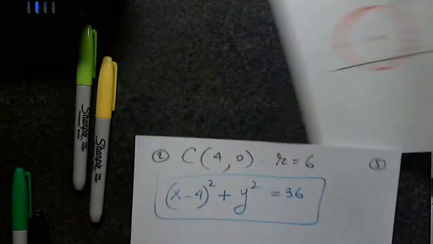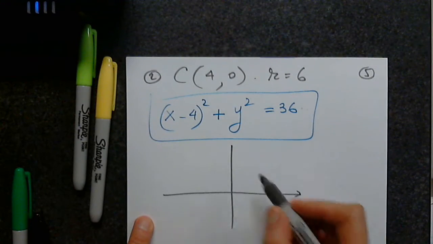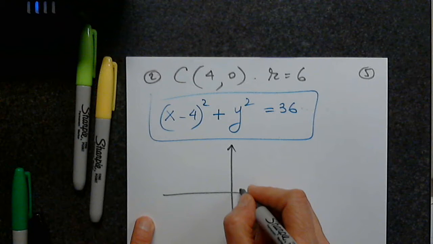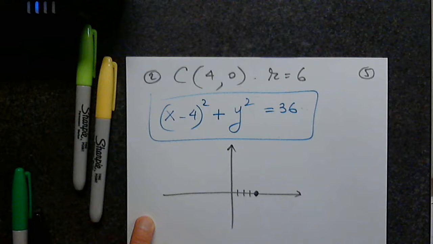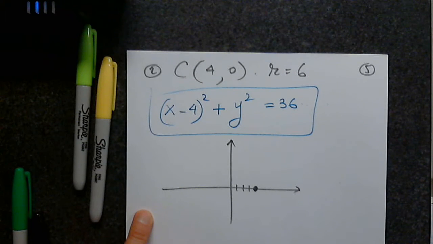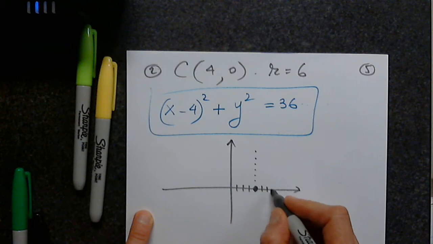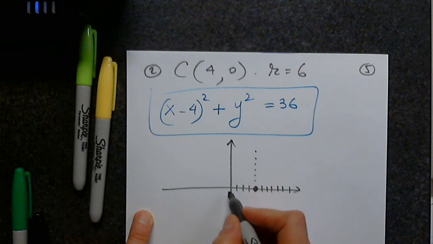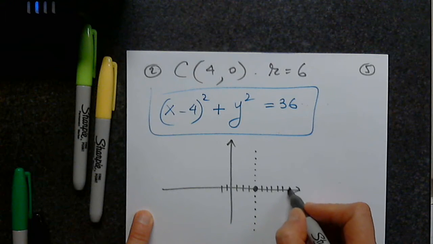Let's graph it. Four, 0. 1, 2, 3, 4, 0. Now I go north, south, east, west. How many? Indeed. 1, 2, 3, 4, 5, 6, in each direction.